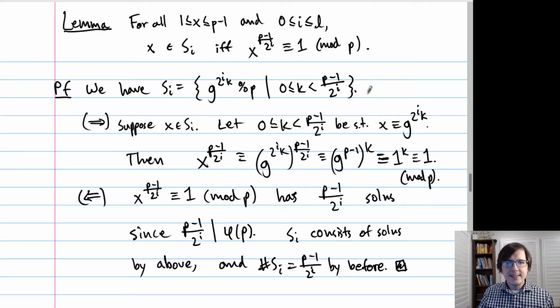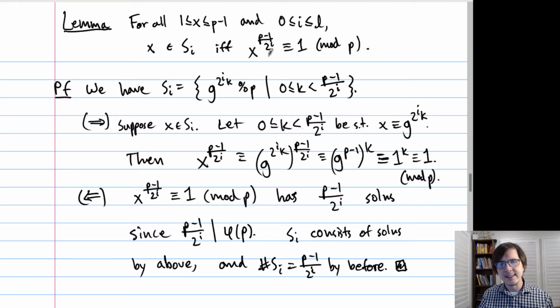Okay, the next thing that we need for the Tonelli algorithm is being able to do some sort of membership test. We want to have some way of knowing whether a given element is actually in Si. So let's say x is in S0, and i is one of the indices that are valid. Then x is in Si if and only if x raised to this power, (p minus 1) over 2 to the i, is congruent to 1 mod p.